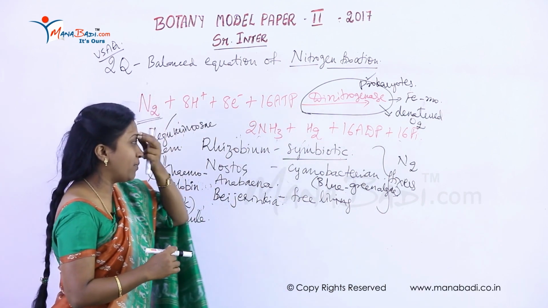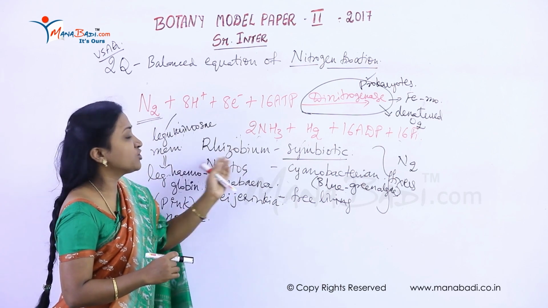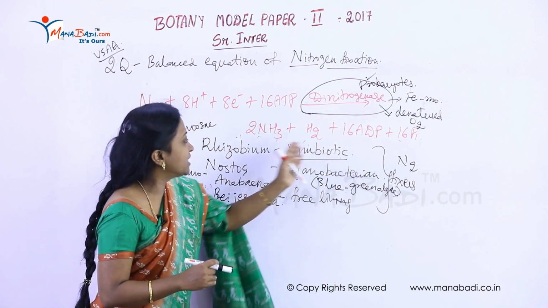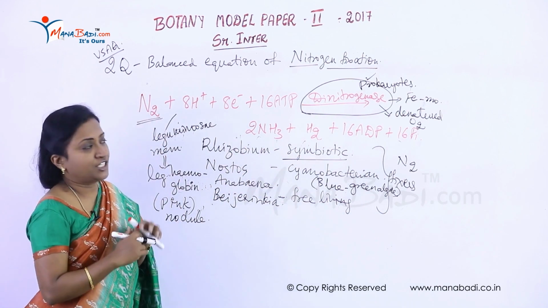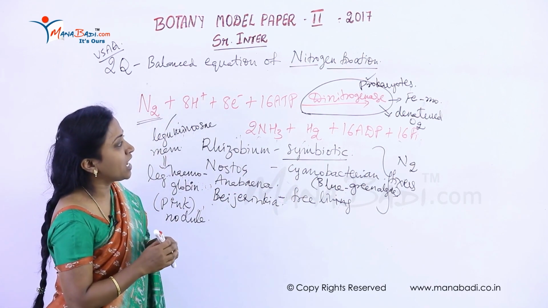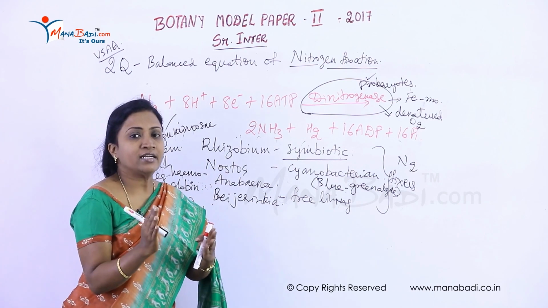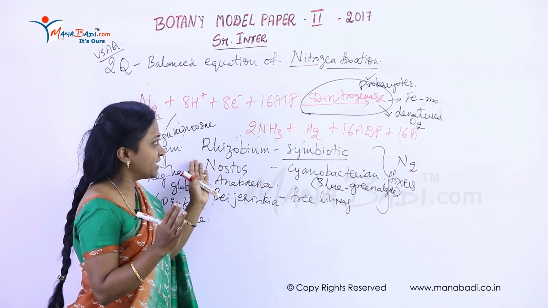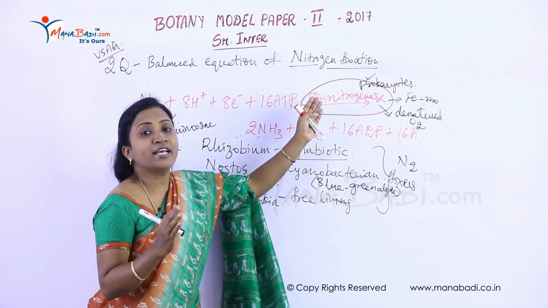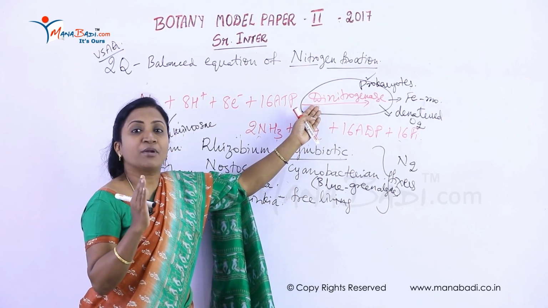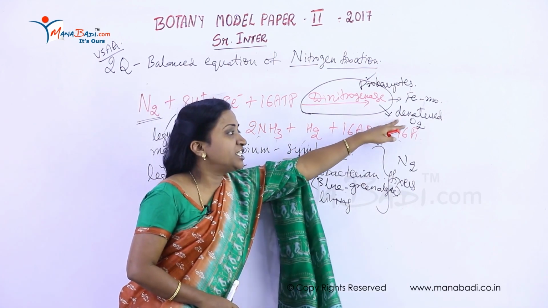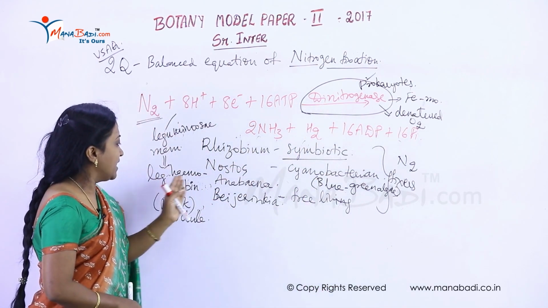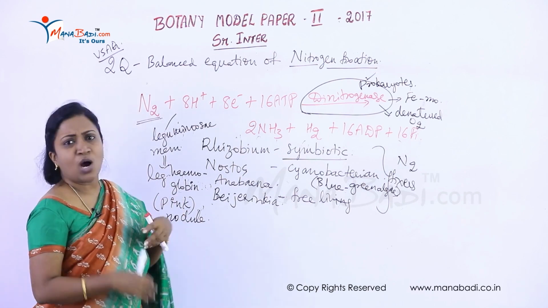So that's the specialization which we observe in symbiotic bacteria. That's how we can say that the enzyme dinitrogenase is prevented from getting denatured by oxygen through the leghemoglobin pigment. How does it act?